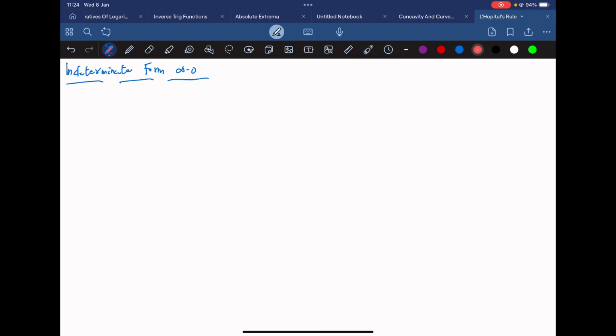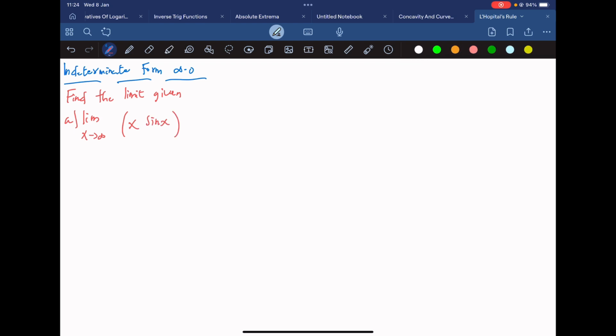Now let's look at an example. We have to find the limit given. We have the limit as x approaches infinity of x sine of 1 over x.